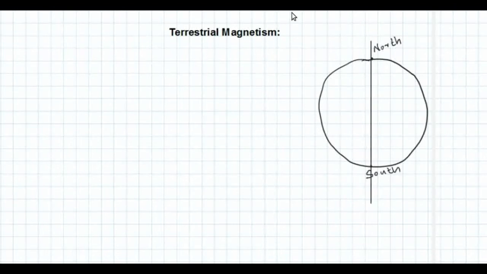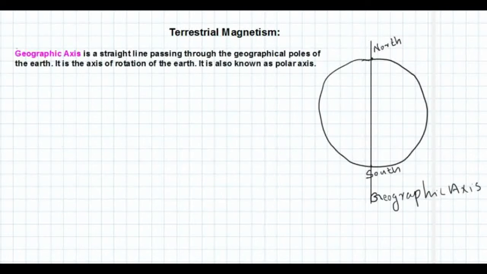If this is the Earth and this is the axis of rotation of the Earth, then this is the geographic North Pole, and this is the geographic South Pole. So this geographic axis helps us to define the geographic North Pole and geographic South Pole.